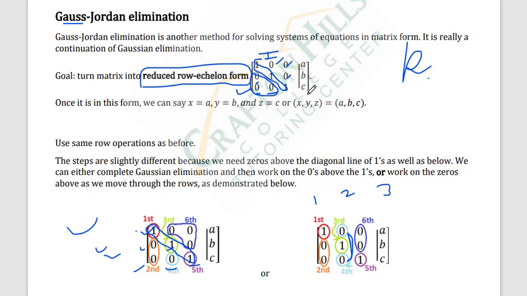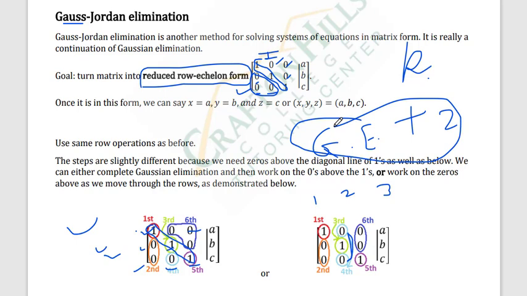So Gauss-Jordan is Gaussian elimination plus two or three steps like this, the fourth, fifth and sixth steps. So the two are not different at all, Gauss-Jordan and Gaussian elimination.